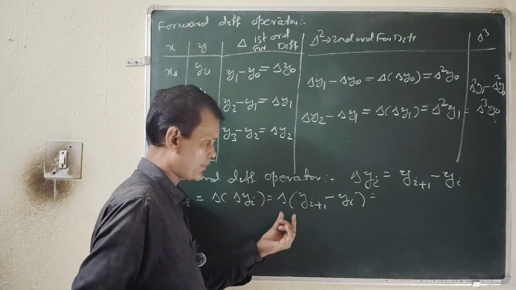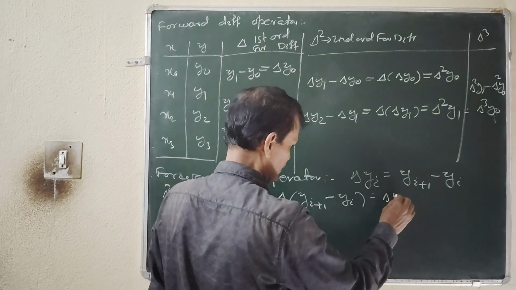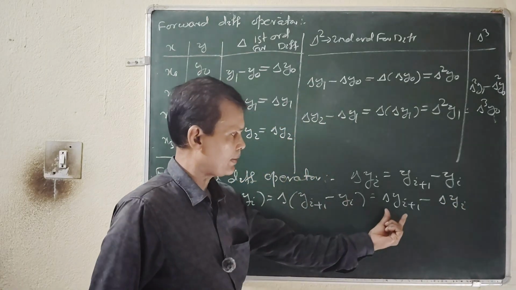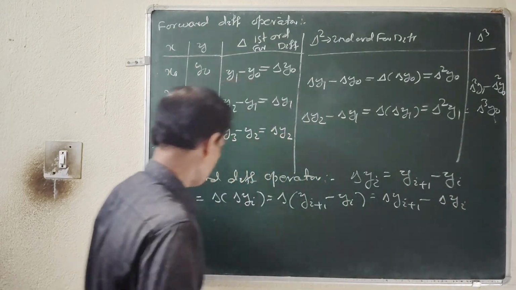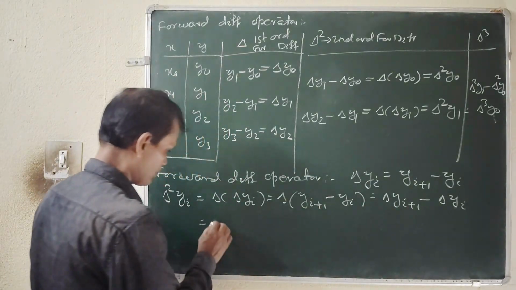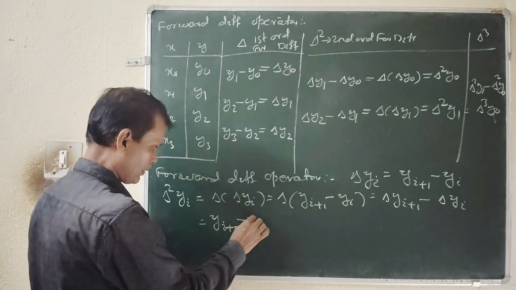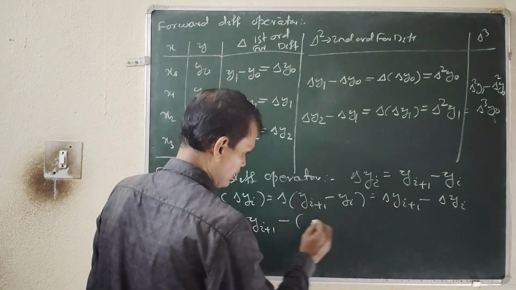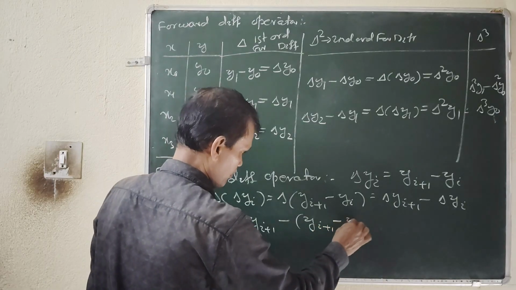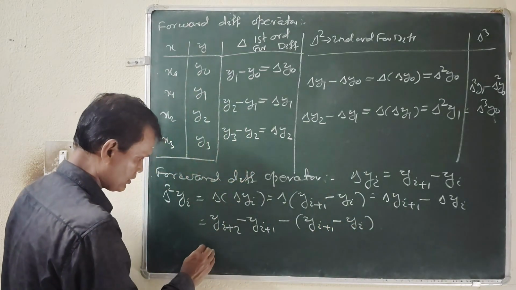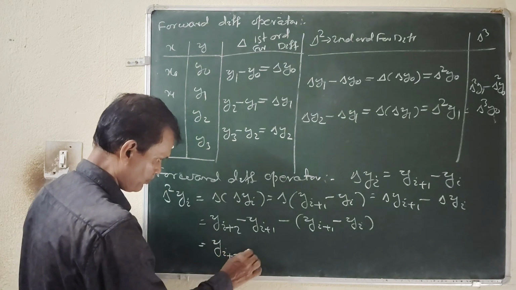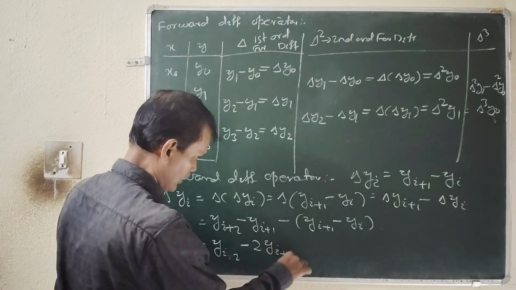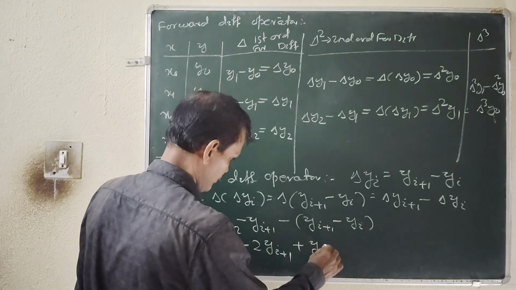By the linear operator, delta of this can be written as delta yi plus 1 minus delta yi. Again, if we apply the forward difference definition here and here, delta of yi plus 1 gives yi plus 2 minus yi plus 1, minus delta yi, which is yi plus 1 minus yi. If we simplify it, that gives yi plus 2 minus 2yi plus 1 plus yi.